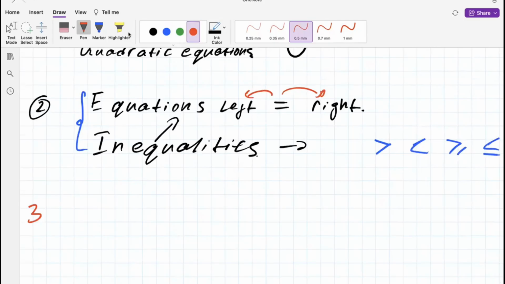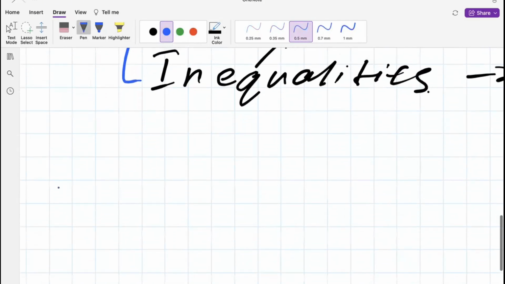So the next step, I will write the next level. This is the level of exponentials and powers. So let me write.